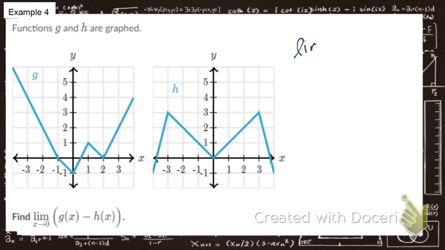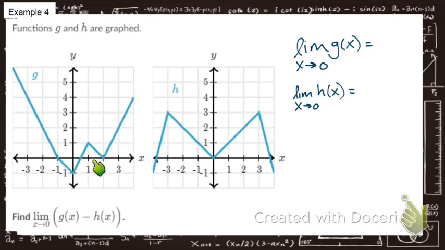The limit of g of x as x approaches 0 equals, the limit of h of x as x approaches 0 equals... When we look at g of x, that's this first function up here on the board.